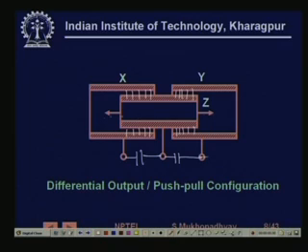And as this is moving here, if it moves to the left, then the area is increasing, so this capacitance is increasing, and by an equal amount this capacitance is decreasing, because the area increase of this is exactly equal to the area decrease of this. So if it is C plus delta C, then this is going to be C minus delta C. Such a configuration is called a differential output or push pull configuration, because of obvious symmetries.